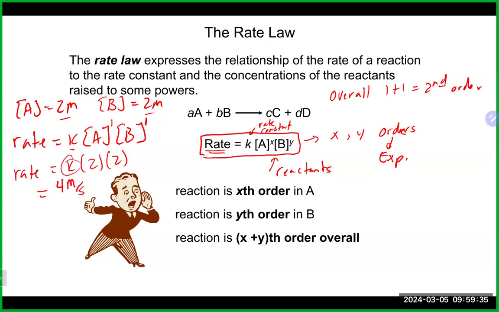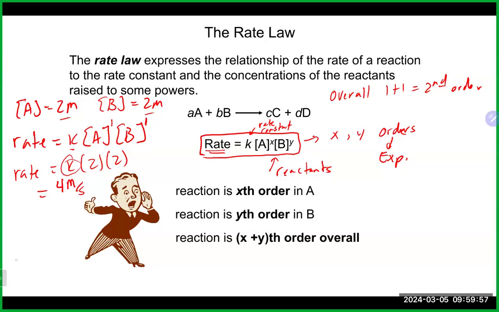Again, the rate constant is going to stay the same for this particular reaction. So let's say that you did this reaction and you go, wow, that seems a little quick, or not quick enough. And let's just say that for B, in this next reaction that I do, I want to increase the concentration to 4.